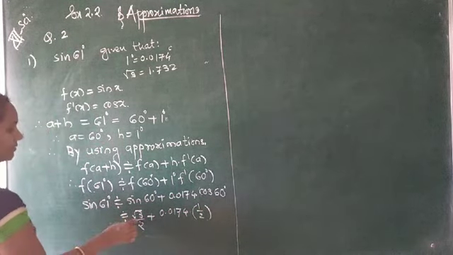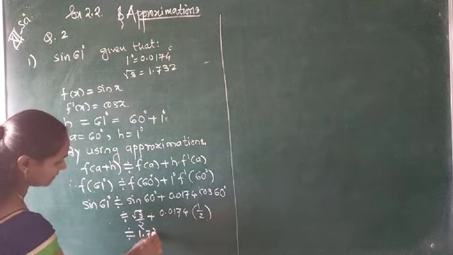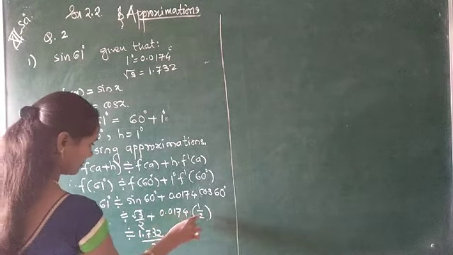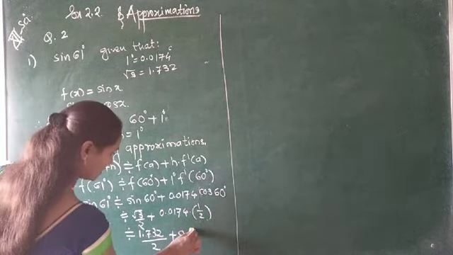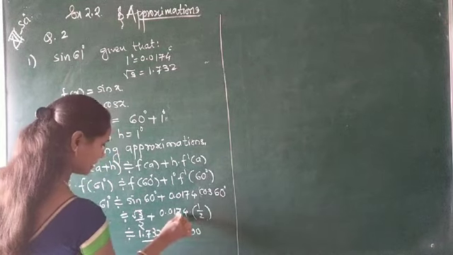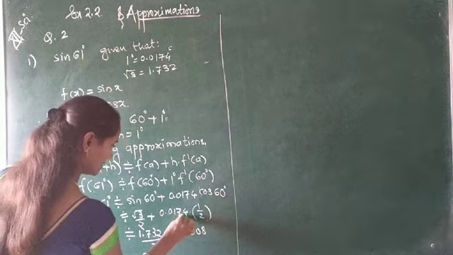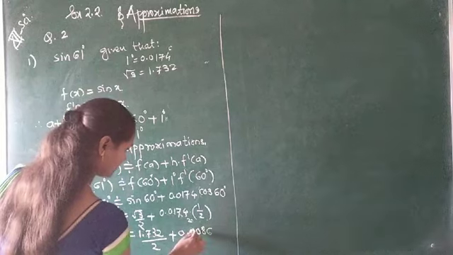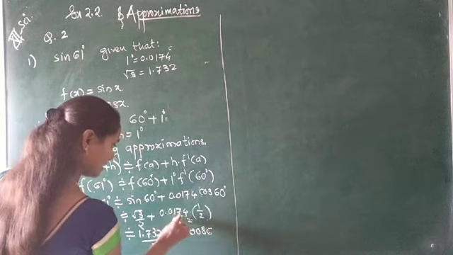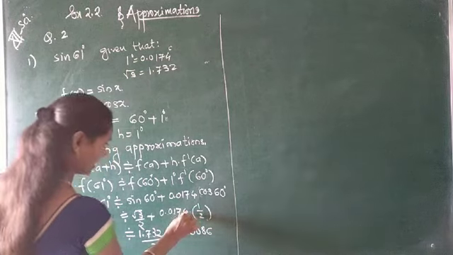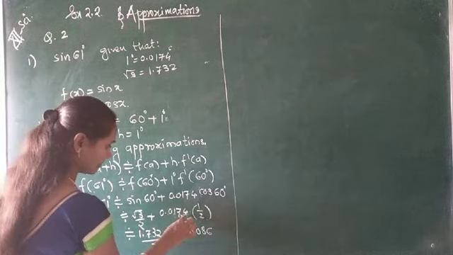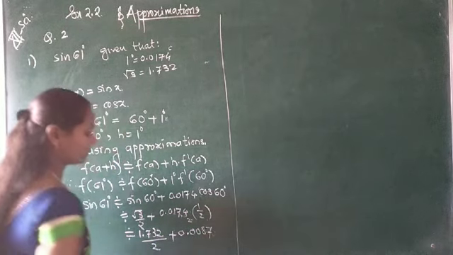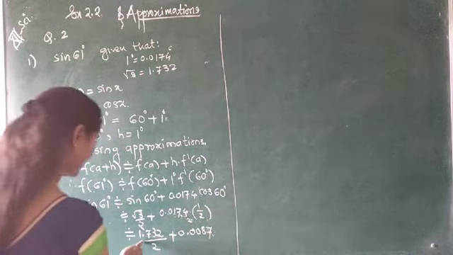Here we have been given the value of root 3, that is 1.732, upon 2, plus we divide this 0.0174 by 2, which gives 0.0087.